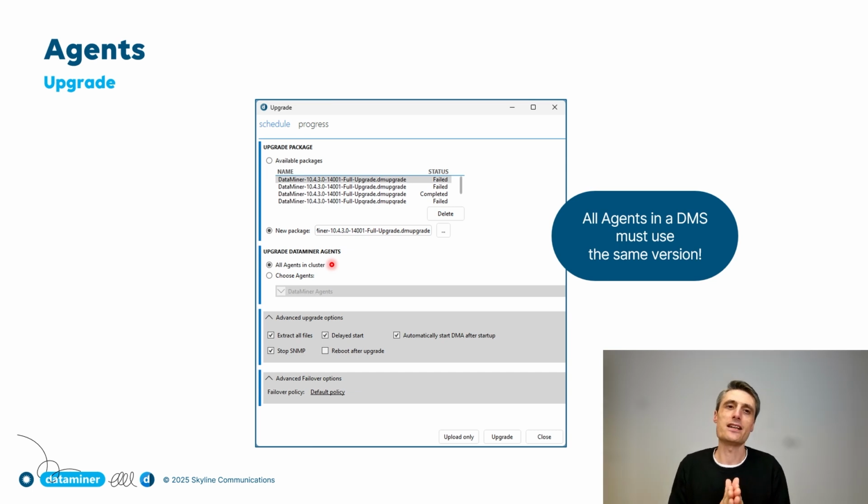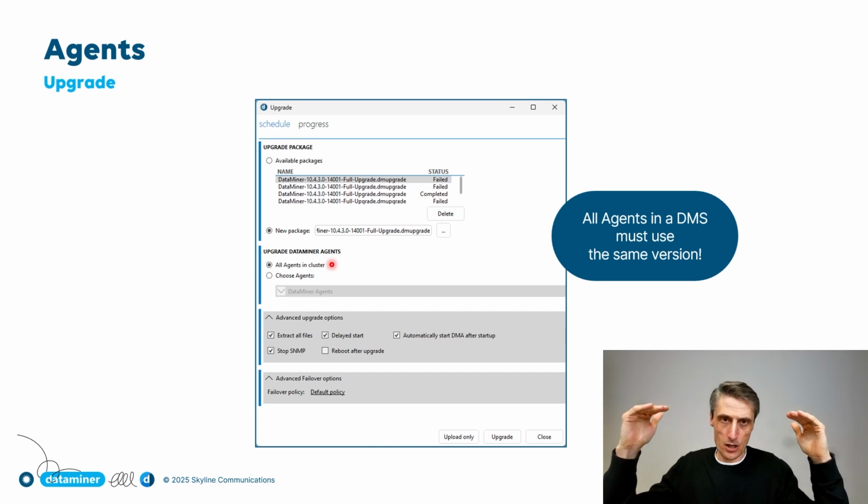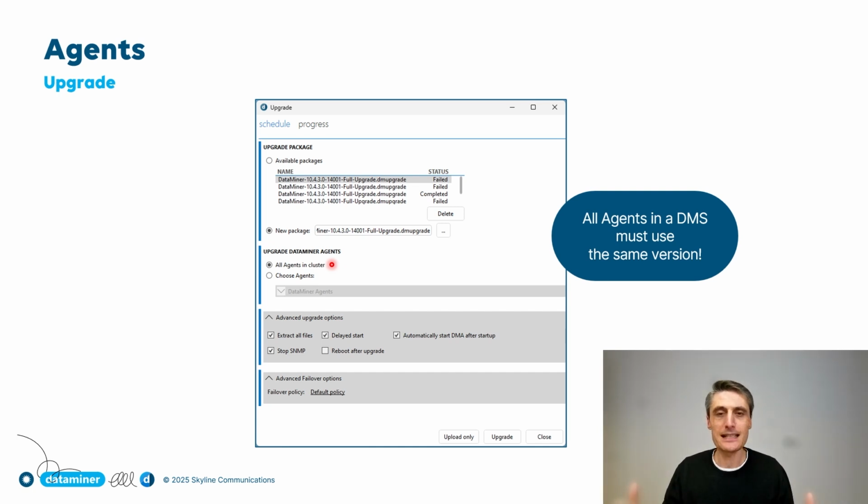So it uploads the single package to all of my agents. Once those DataMiner agents received the package, they will shut down the DataMiner software, replace all the necessary files, do the upgrade actions, and start the DataMiner system again.